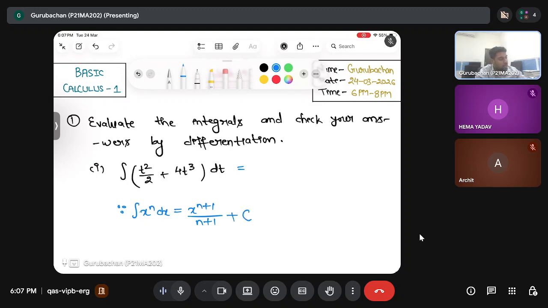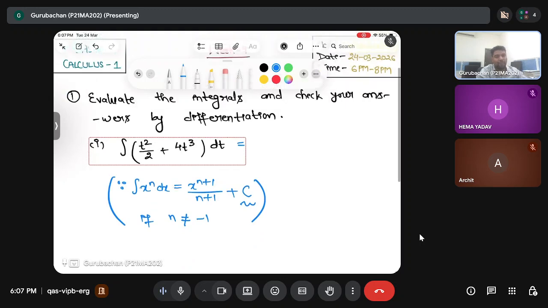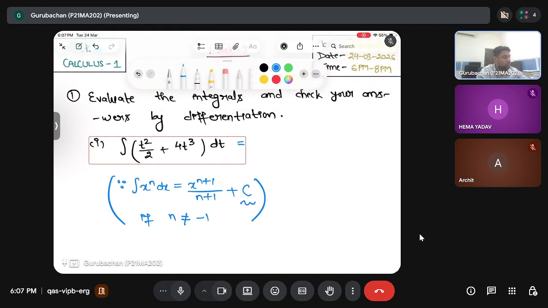Here we put some arbitrary constant because I'll let you know why. Here n should not be equal to minus 1. For the time being, let us assume there should be some constant.